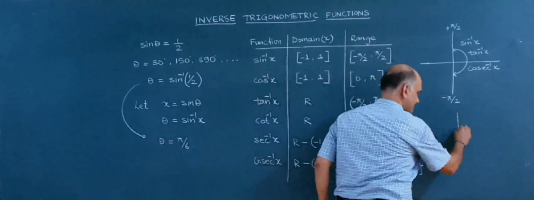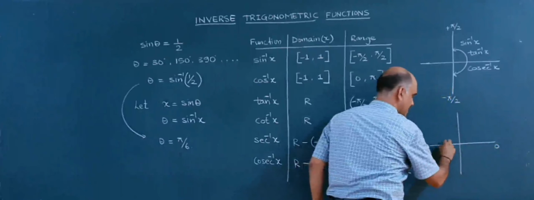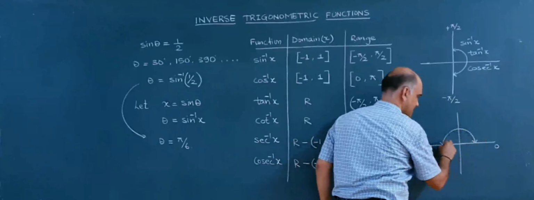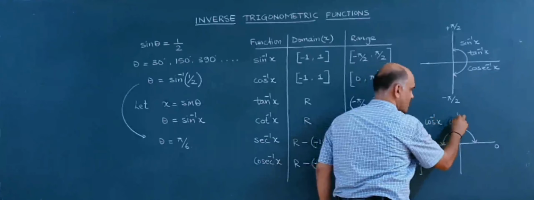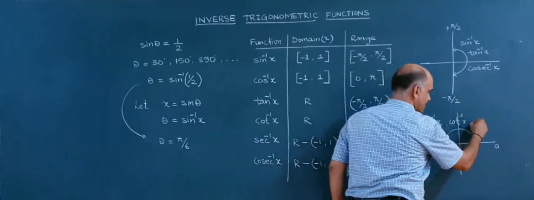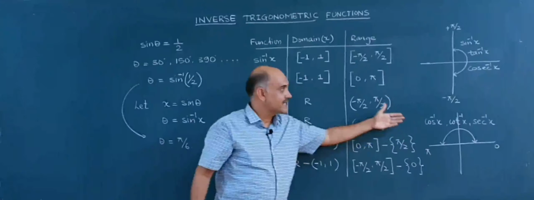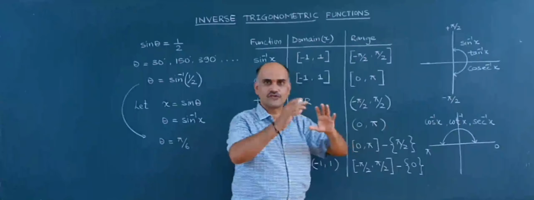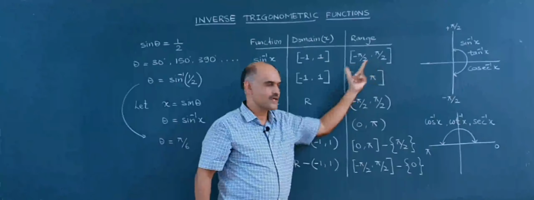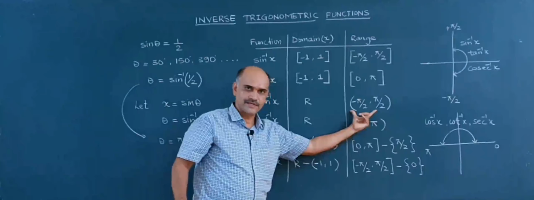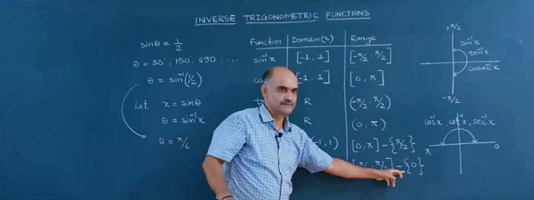So if I take 0 to pi, here you will have three functions, that is cos inverse x, cot inverse x, and secant inverse x. So by this you can easily remember these values. For sine inverse, minus pi by 2 to plus pi by 2 closed interval. For tan inverse, open interval. Cosec inverse, closed, but you should subtract 0.